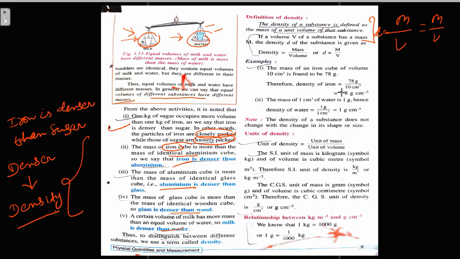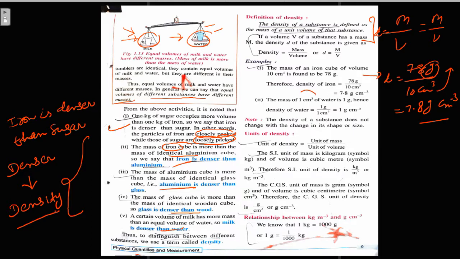Therefore, the density of iron is mass upon volume, so 78 gram upon 10 centimeter cube, which comes to 7.8 gram per centimeter cube, or g cm^-3.